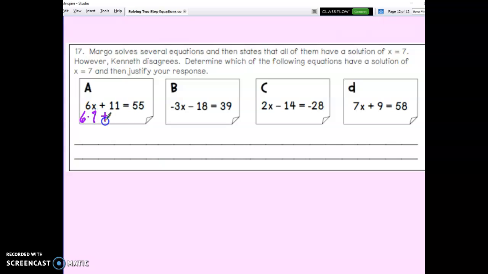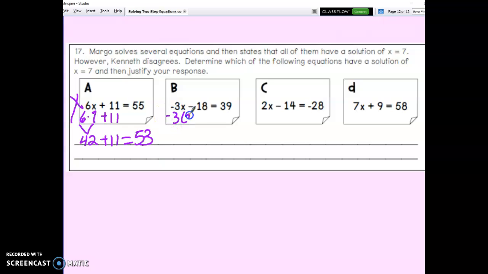So 6 times 7 plus 11. I get 42 plus 11 does equal, oh no, it equals 53. So she's already wrong. So this one would not give me 7.